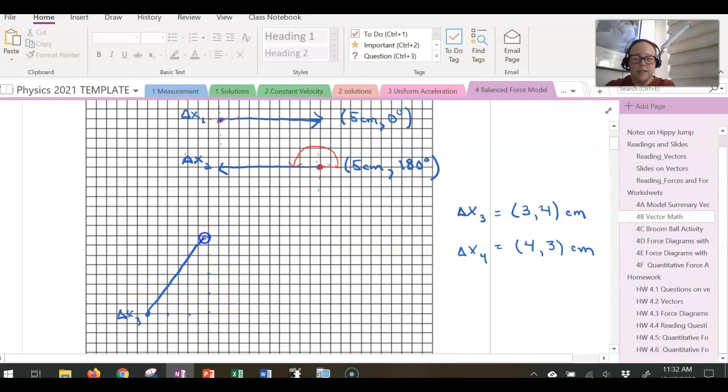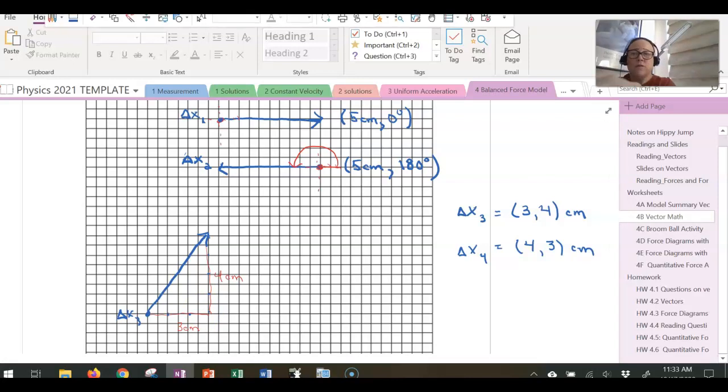And so this is that vector. Just so you can see, it went 3 centimeters in the x direction, and it went 4 centimeters in the y direction. And so you can see it's pointing up and to the right.